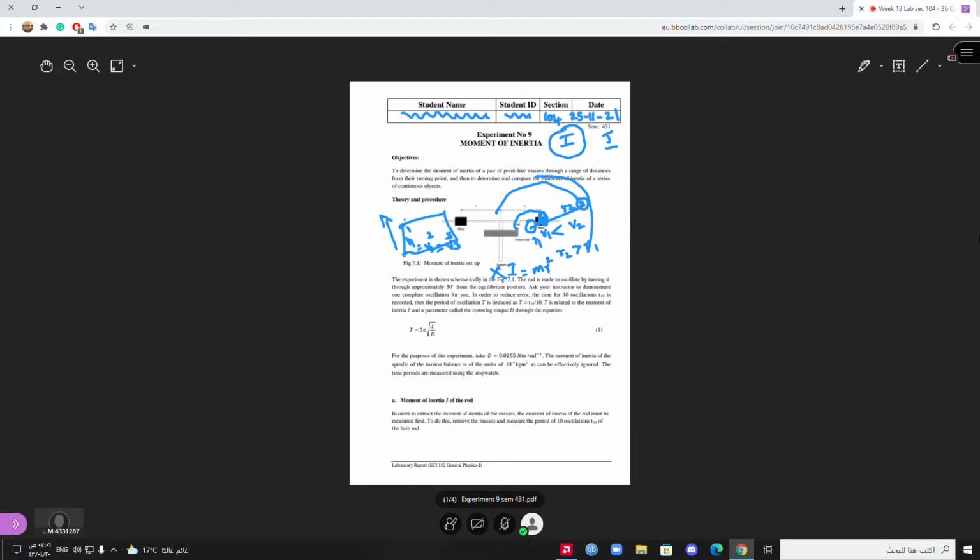So here, the effect of the mass depends on the position of the object from the center or point of rotation. Suppose m1 is equal to m2. The masses are the same, but their effects are not the same. Why? Because they are located at different distances from the point of rotation.